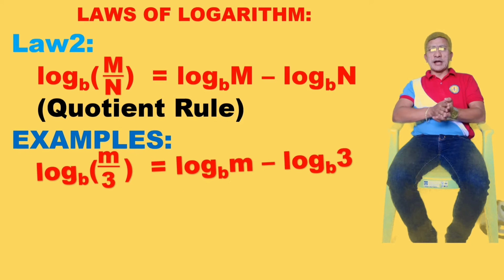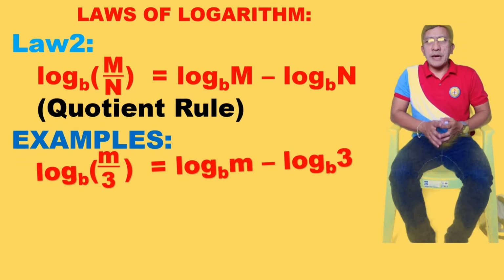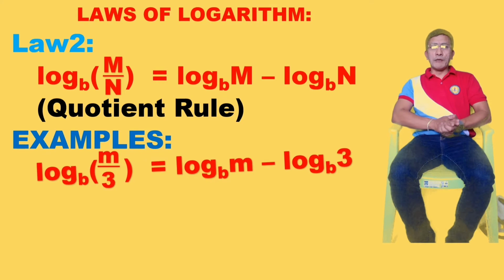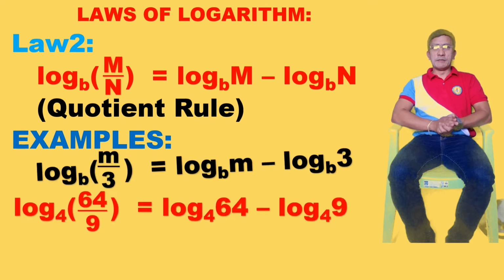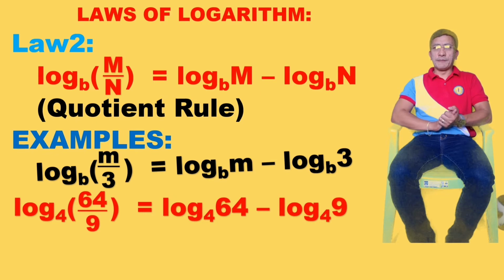Examples for this law of logarithm number 2 are: number 1, log of quantity m over 3 with base b equals log of m with base b minus log of 3 with base b. Number 2, log of 64 over 9 with base 4 equals log of 64 with base 4 minus log of 9 with base 4.